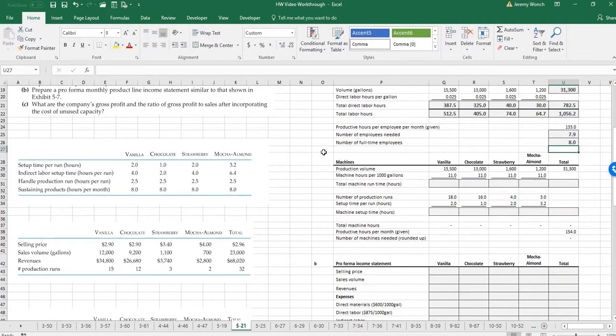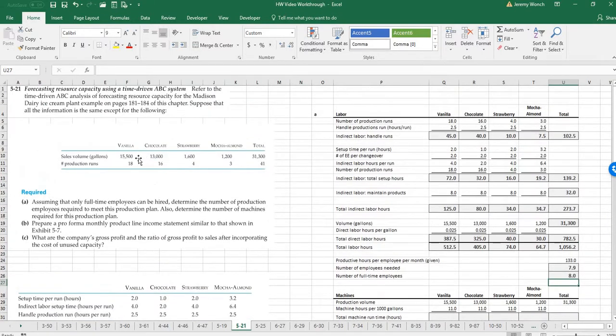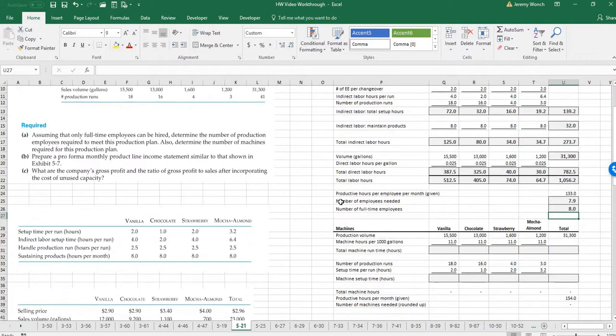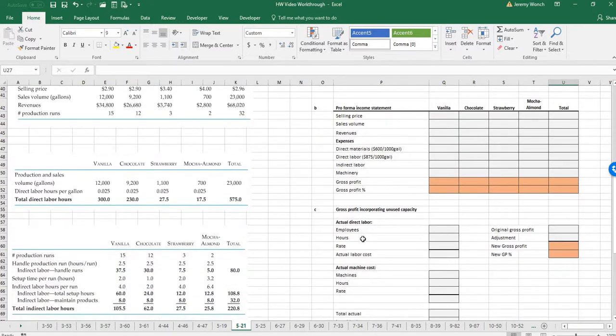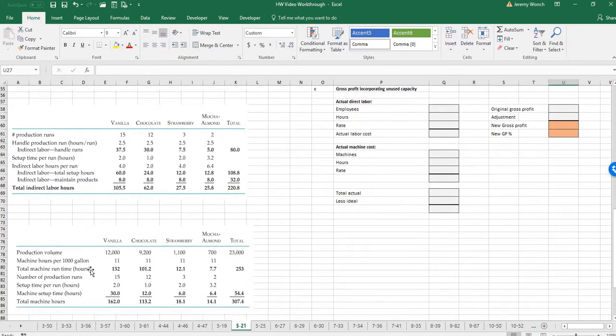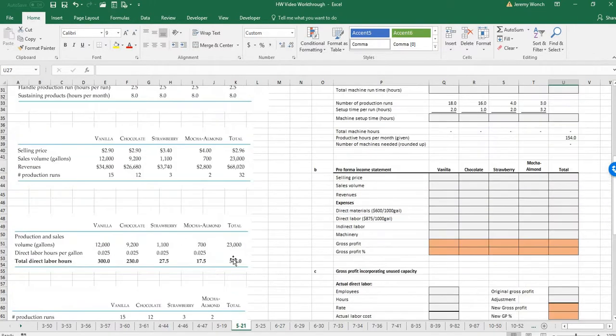Alright, so the next part for machine hours, and so we have the total production volume, which that's up here, and we have the machine hours per gallon, so that's down here in one of our tables. So yeah, machine hours per 1,000 gallons.